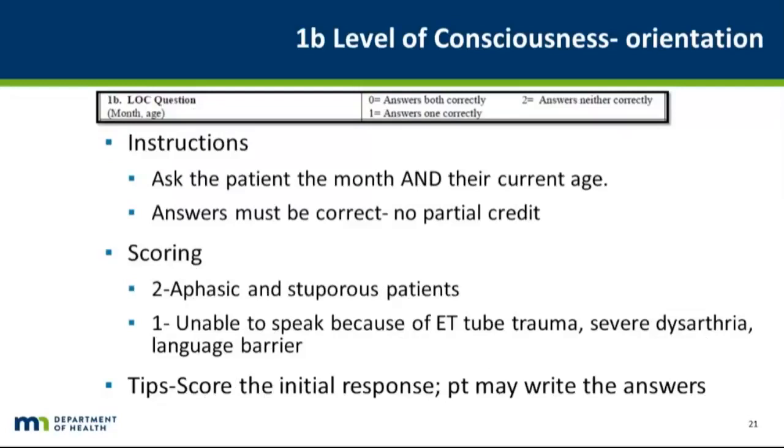So those 2 questions are the only ones to be asked. Scoring for the aphasic patient and stuporous patient is a 2. Unable to speak because of an endotracheal tube, trauma, severe dysarthria, or a language barrier would score a 1. A tip for scoring this element: score the initial response, and patients may actually write the answer if they're unable to speak.